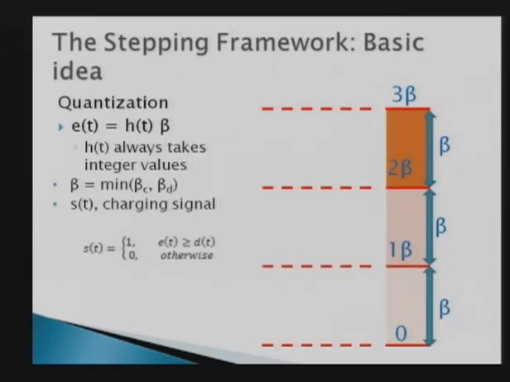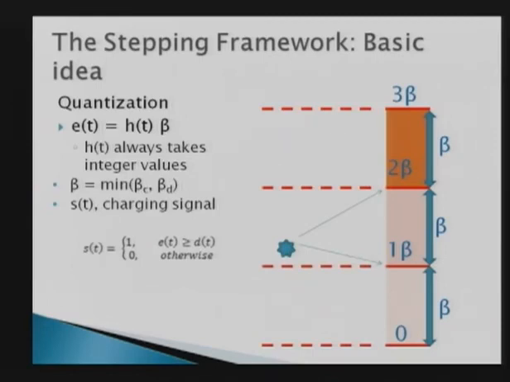Is that the case? Oh, I guess I messed up something. So in this case, we should say that if we observe a load at this level, and if we also know that we have to charge the battery at this level, that means that the battery may be empty at this time. Because we want quantization, there are two possible values for the output at this input level: either 1 beta or 2 beta.